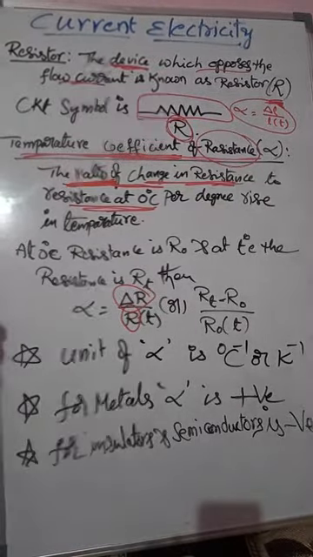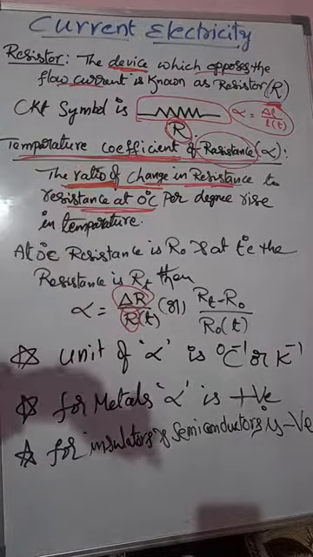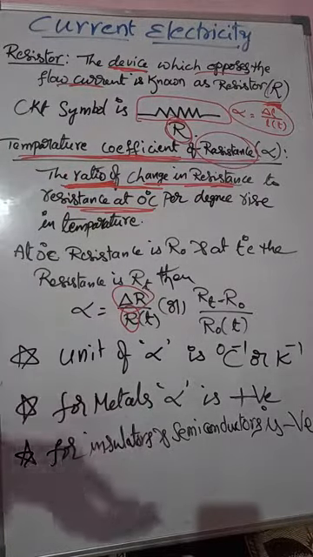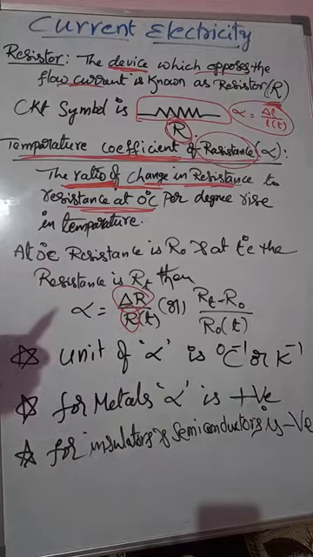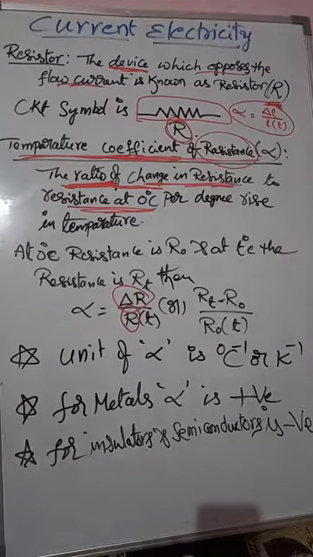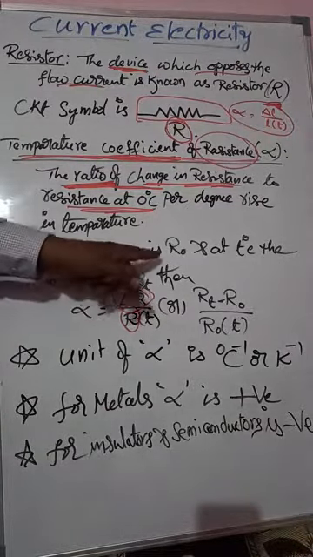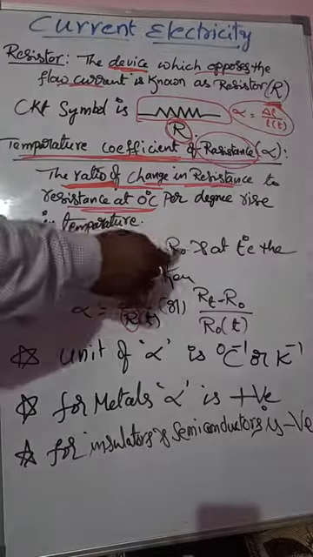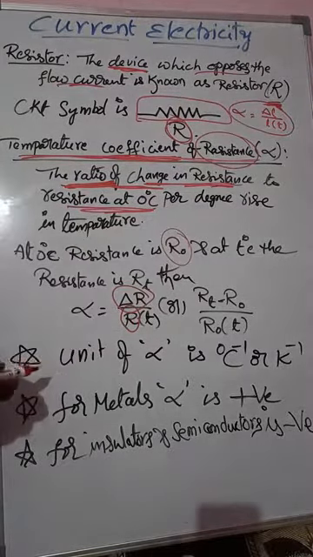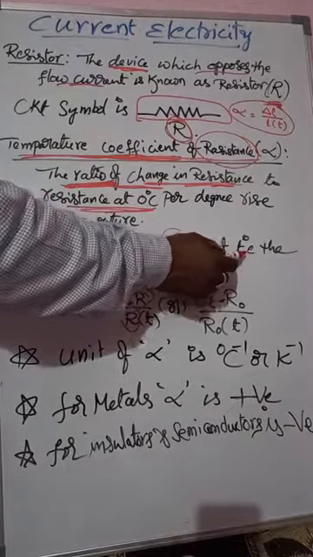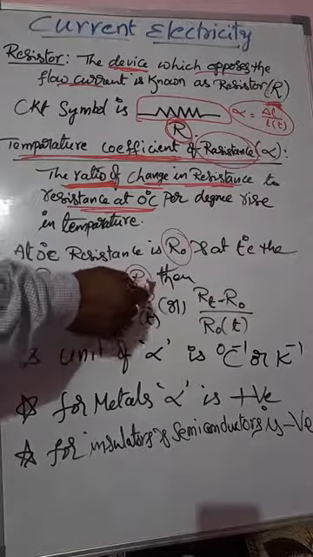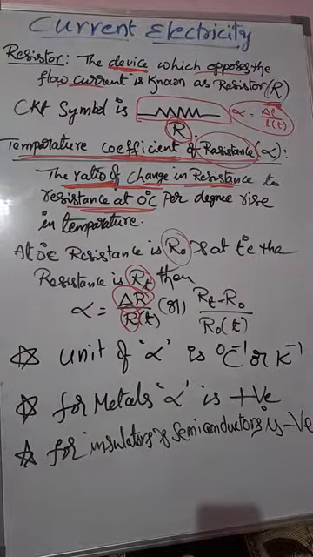To explain that, at 0 degrees the resistance is R naught, and at T degree centigrade the resistance is RT.